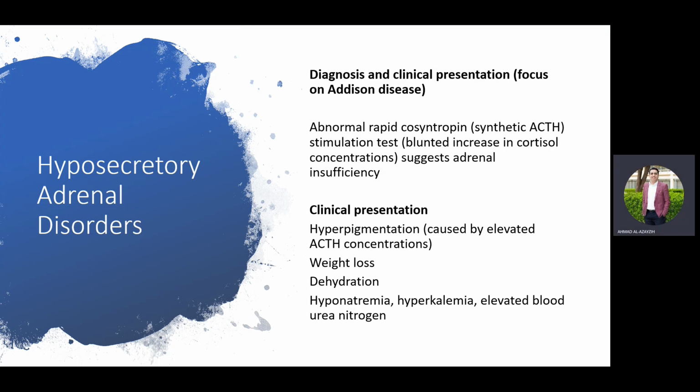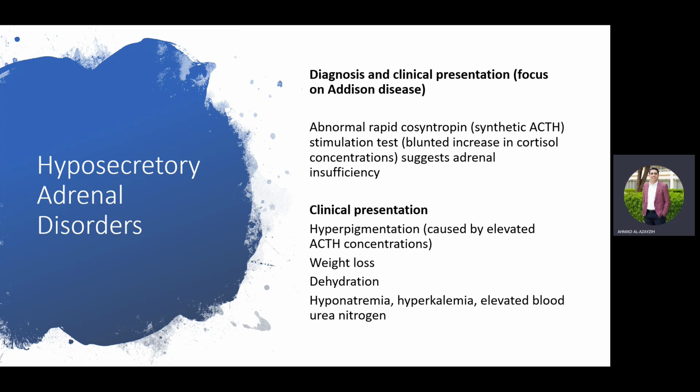Diagnosis, of course, we will give what we call ACTH, and based on that, we should notice an increase in cortisol concentration. But if you didn't notice any increase in cortisol concentration, this will suggest adrenal insufficiency. Clinical presentation, you have low androgen, low corticosteroid.